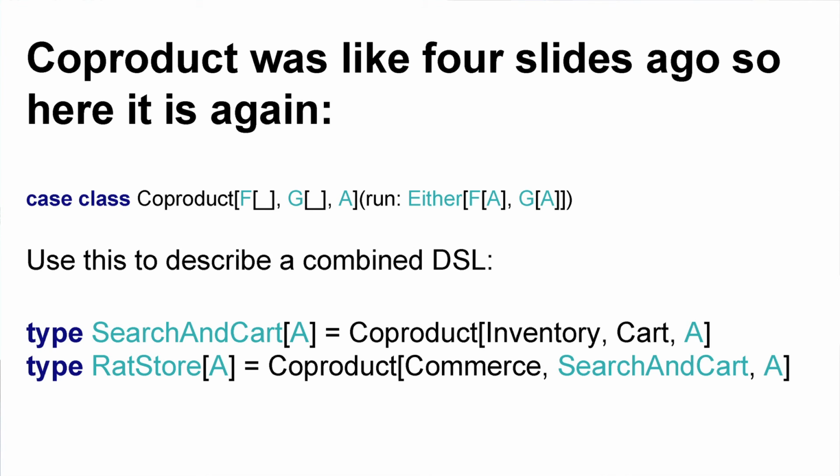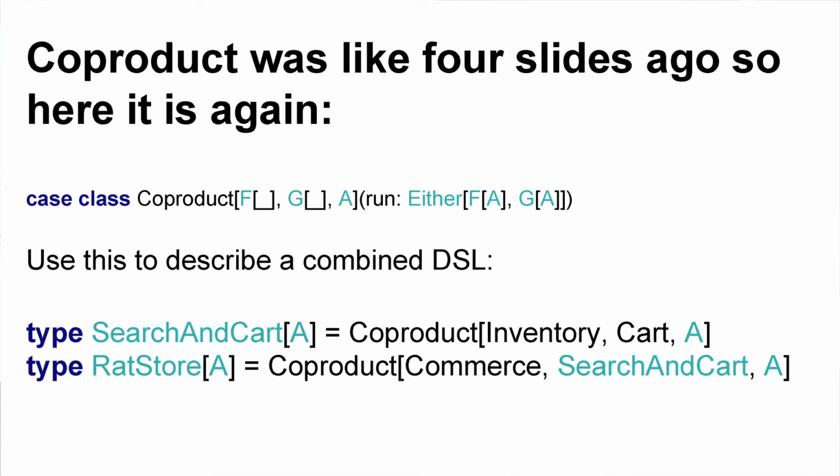So CoProduct was a little ways ago. Just a reminder, it's this thing that takes an F or a G, one or the other, and you would use it for your art store to combine together all these different grammars. And since it's only got two sides, you would first build up things two at a time.